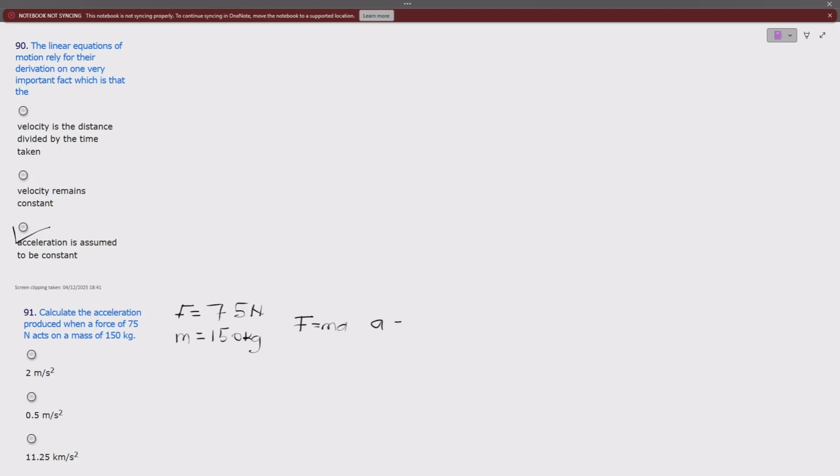Making acceleration the subject, F over m. That is going to give you 75 over 150. 75 divided by 150 will give you 1 over 2, which is 0.5 meters per second squared acceleration.